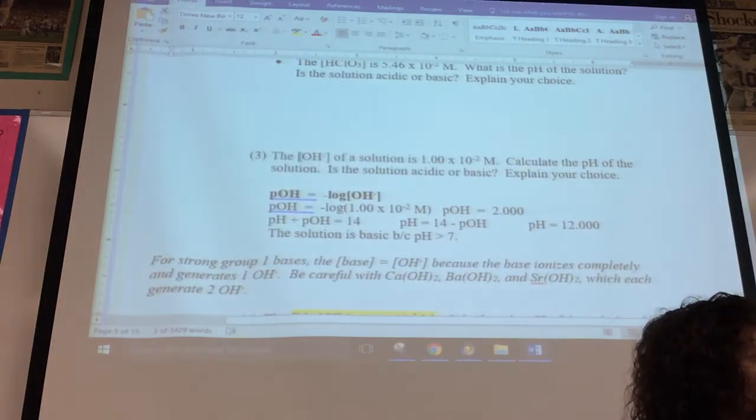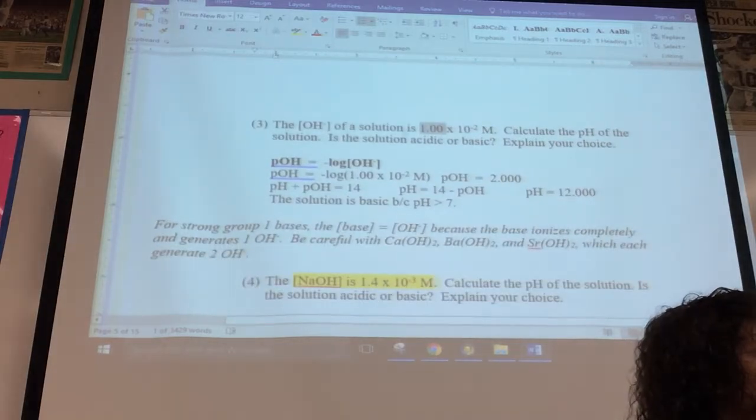Alrighty. It says concentration of hydroxide ion is 1 times 10 to the negative 2 molar. We've got 3 sig figs here. Calculate the pH of the solution. Is it acidic or basic, and why? If they give you hydroxide ion concentration, you're going to get the POH. POH is equal to negative log of that concentration, and that's going to be 2.000.